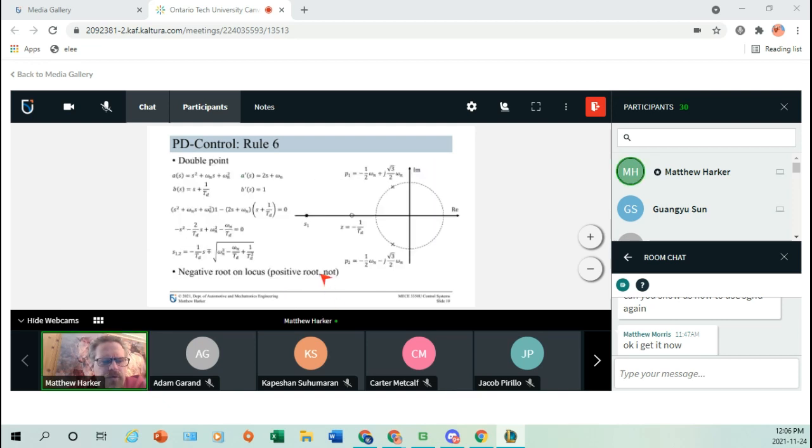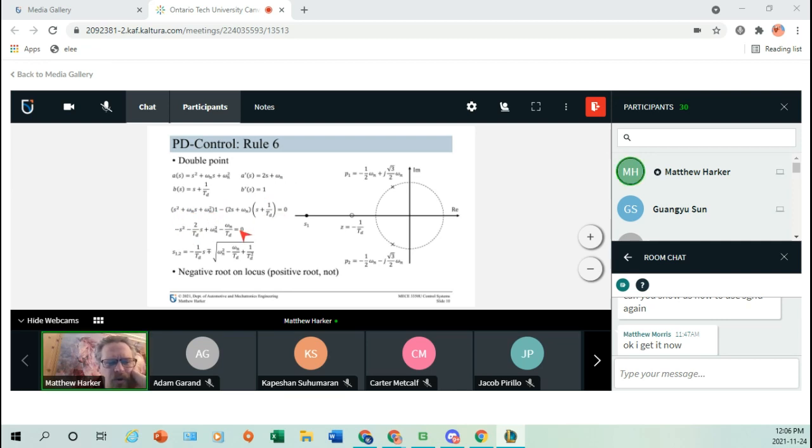Oh yeah, our rule of 6. This ends up being a pretty big formula here. So we have our denominator polynomial, our numerator polynomial. We differentiate, we construct our discriminant.